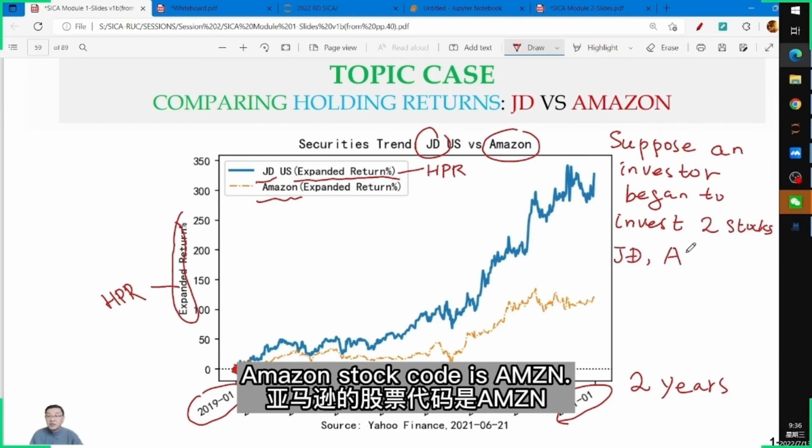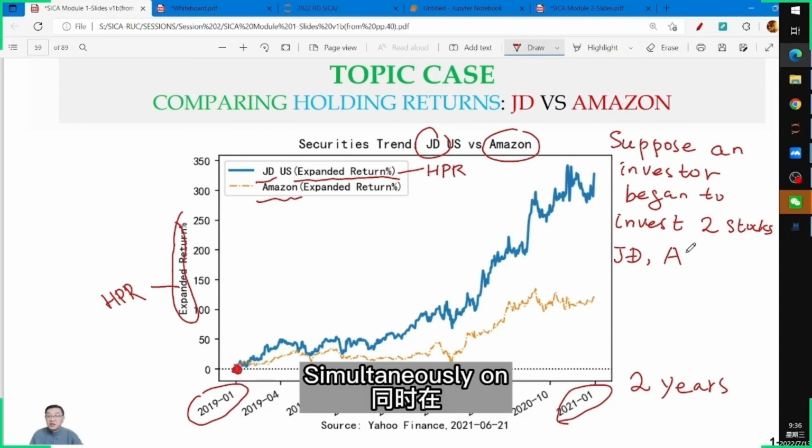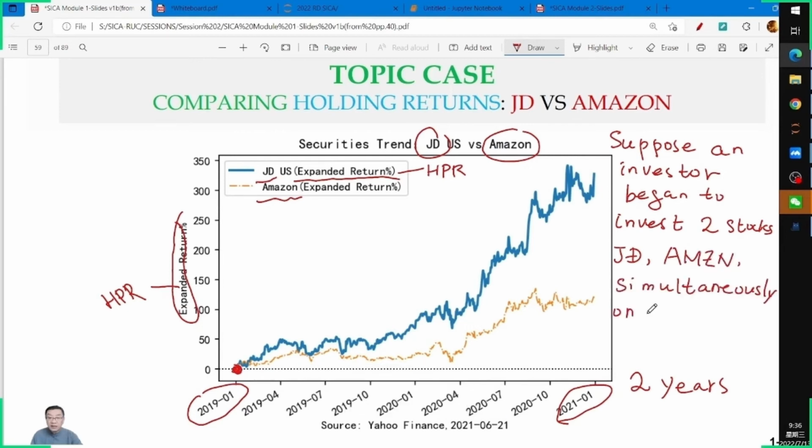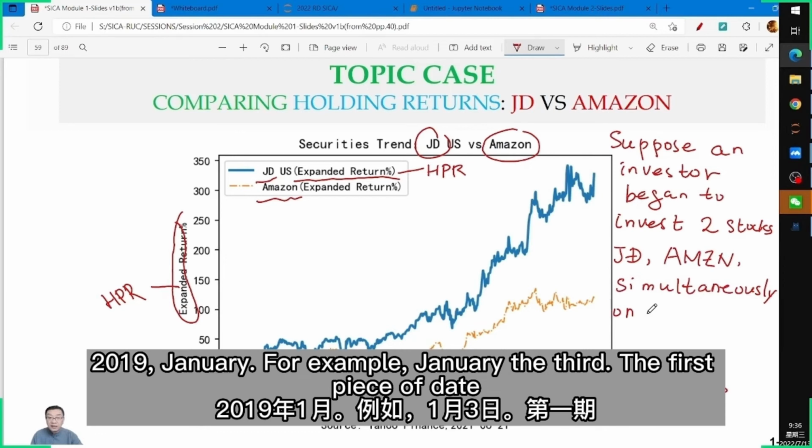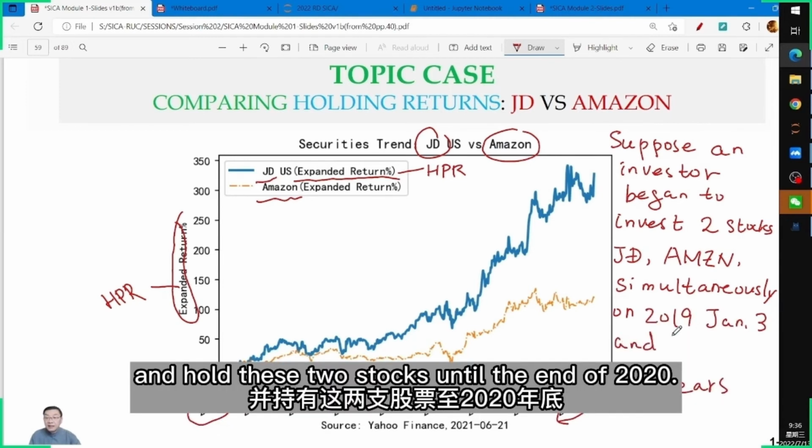Amazon's stock code is AMZN. Simultaneously on January 2019, for example, January the 3rd, the first business day, and hold these two stocks until the end of 2020.